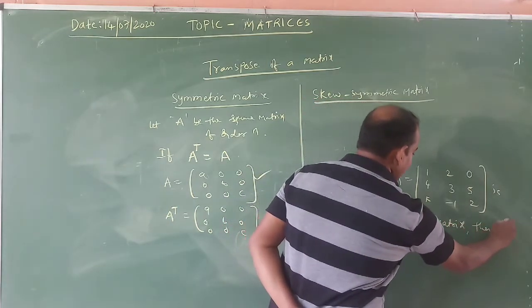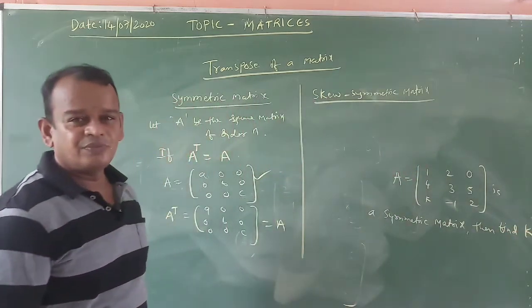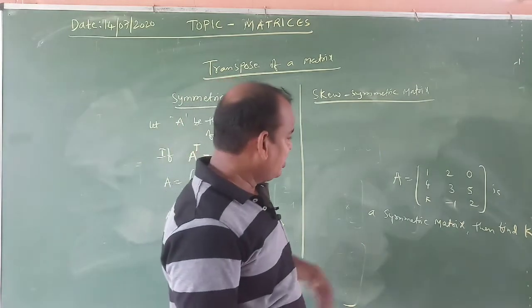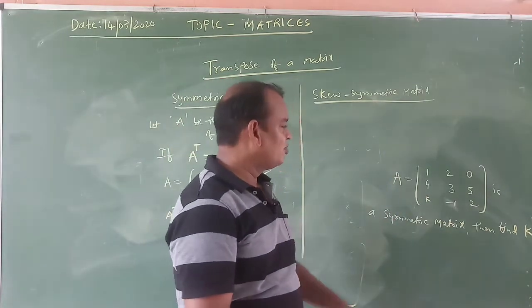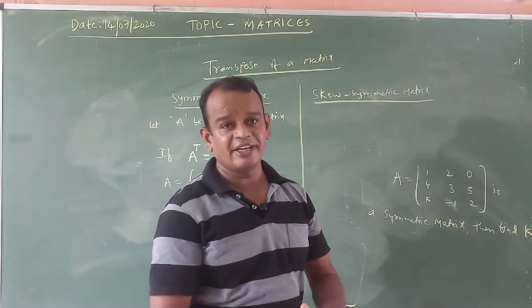Then find K. This can be a 1 mark question or a 2 marks question. It is clearly given that it is a symmetric matrix, then find K.